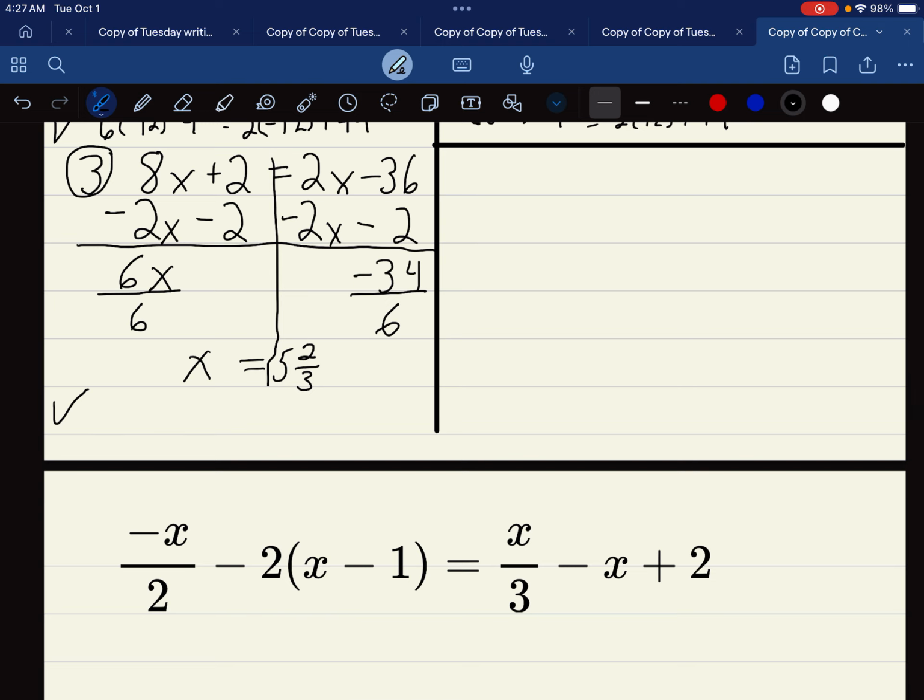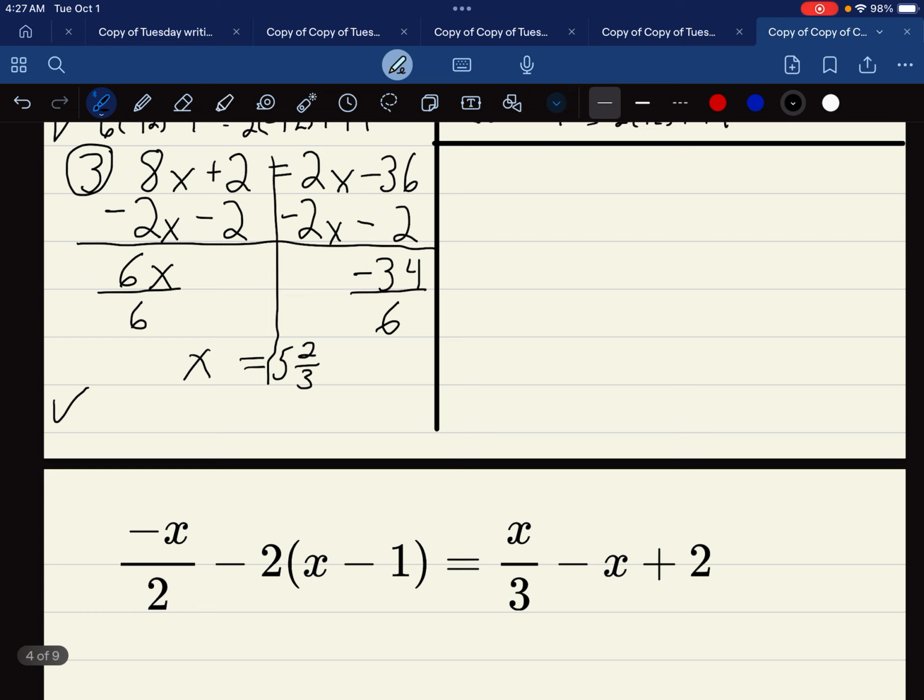Okay. So we're going to do 8 times the quantity 5 and 2/3, plus 2. And you can type that in your Desmos calculator. Equals 2 times the quantity 5 and 2/3, minus 36.